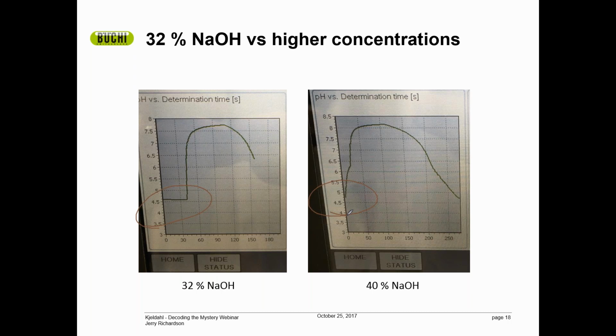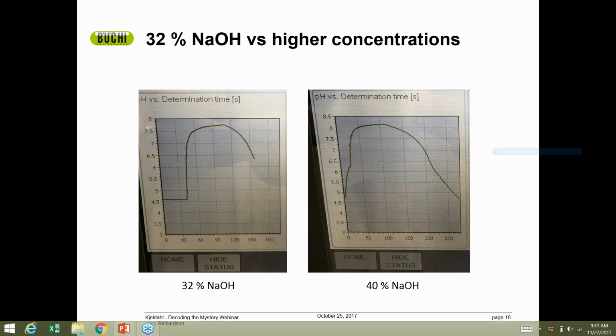If you're using 40% or 50%, your start point is not as well defined, and so you can have randomness in the reporting and the results. So between the combination of the 32% sodium hydroxide and the water that we add for dilution, we can see pictorially that 32% is the proper solution concentration to work with.